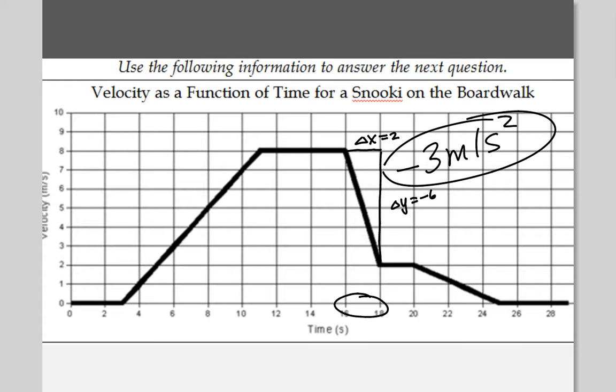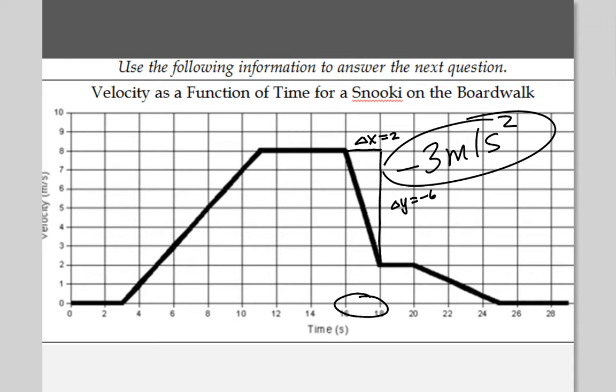She was going 8. Now she's going 3. Because the acceleration is pointing that way, even though she's moving this way. If the velocity and the acceleration vectors are in opposite directions, you will slow down. If the velocity and the acceleration vectors are in the same direction, you will speed up.